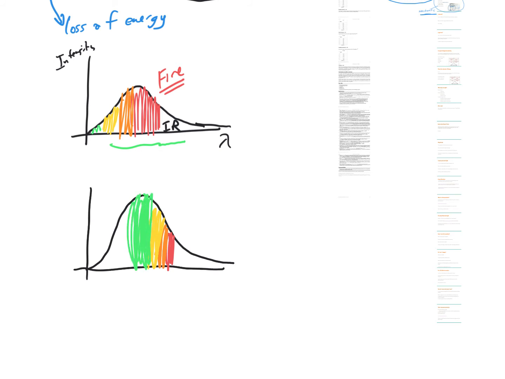In fact, that's the peak color that's emitted. Blue, indigo, violet, etc. And also a fair amount of ultraviolet and a fair amount of infrared. But it peaks at the green. That's our sun.